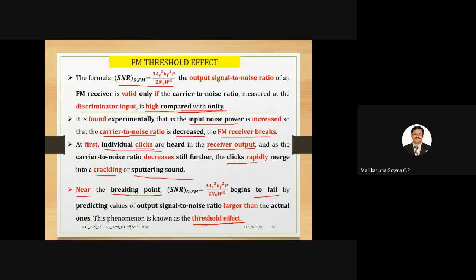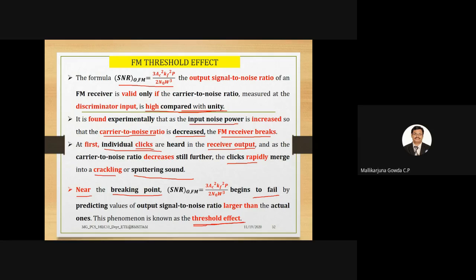I repeat once again: the output SNR expression of FM is valid only if the carrier to noise ratio is high compared to unity. But experimentally, as the input noise power increases, the carrier to noise ratio decreases, and the FM receiver will break, meaning it won't perform properly.